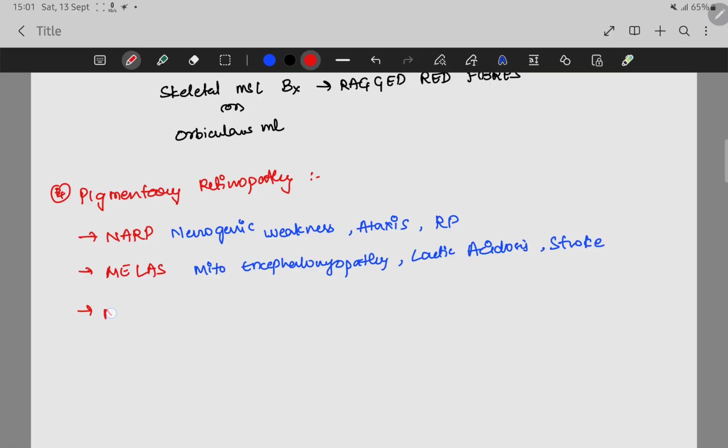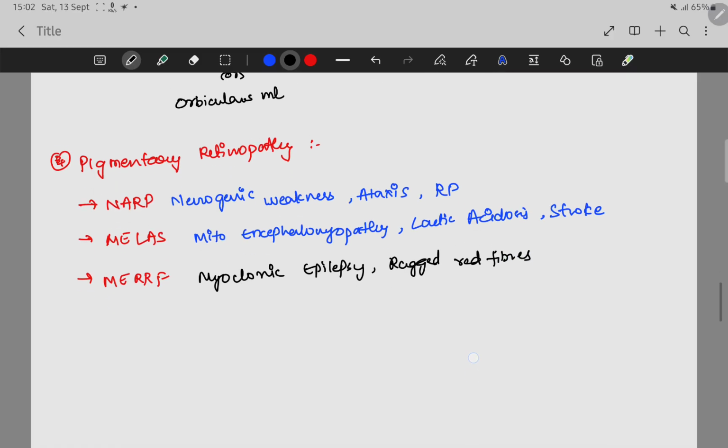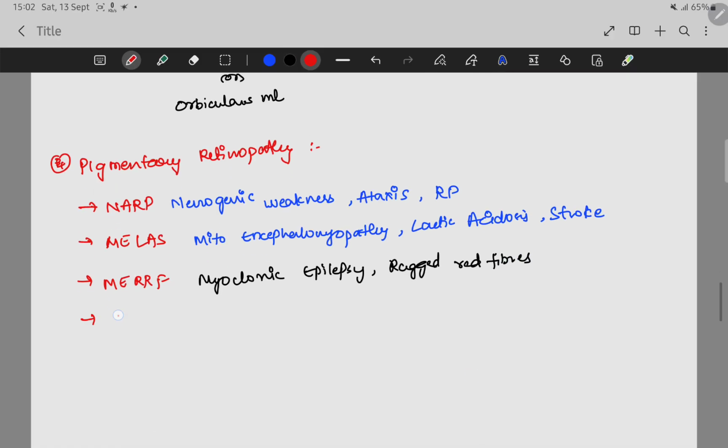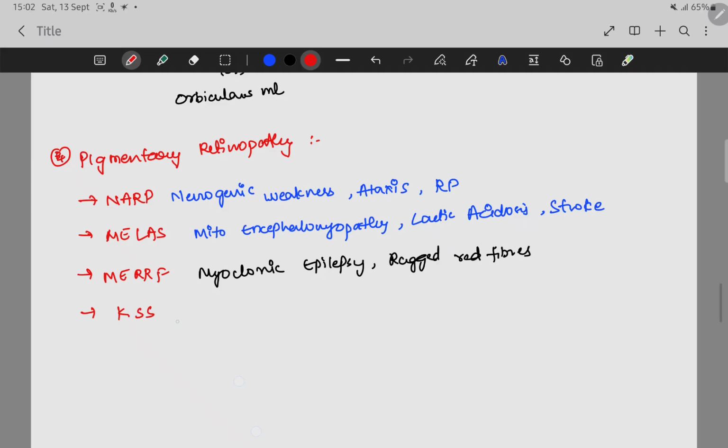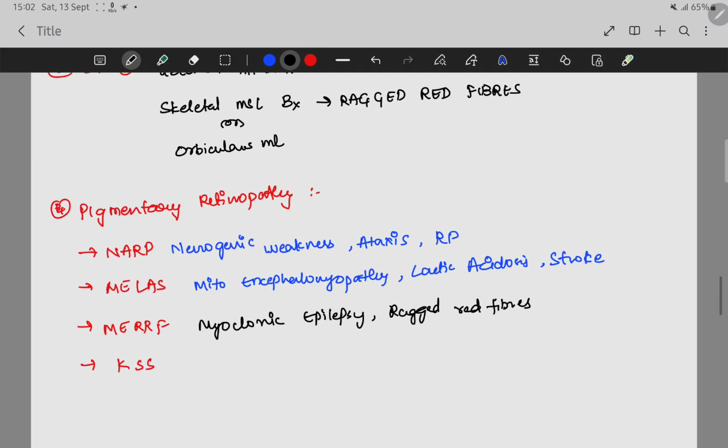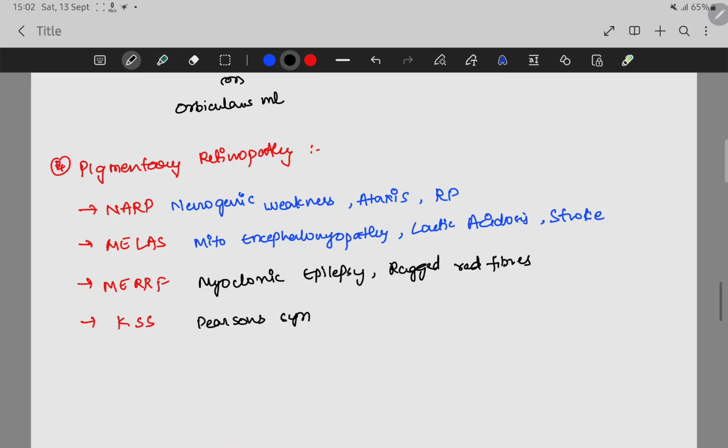Then we have MERRF, that is myoclonic epilepsy and ragged red fibers. We also have Kearns-Sayre syndrome, which is also called Pearson's syndrome. So these are all the examples of mitochondrial disorders in the eye.